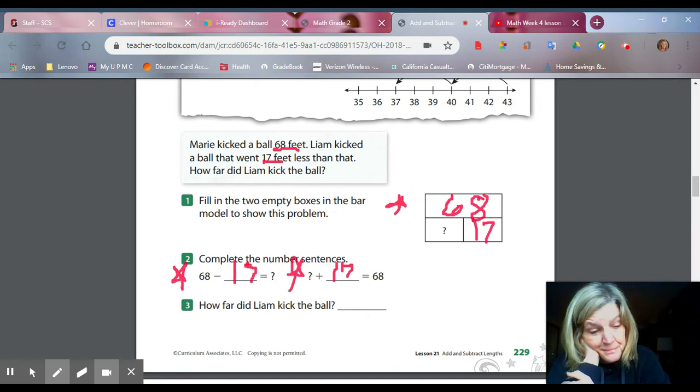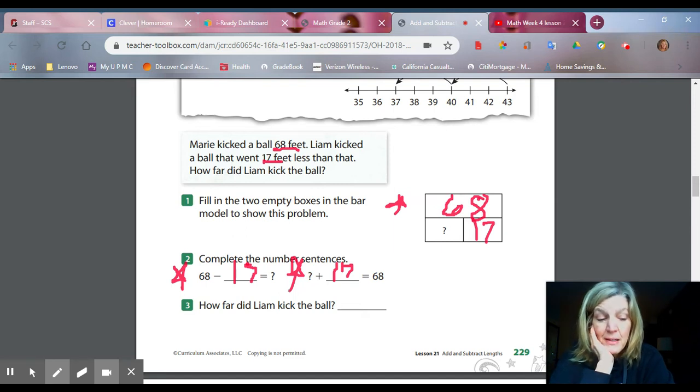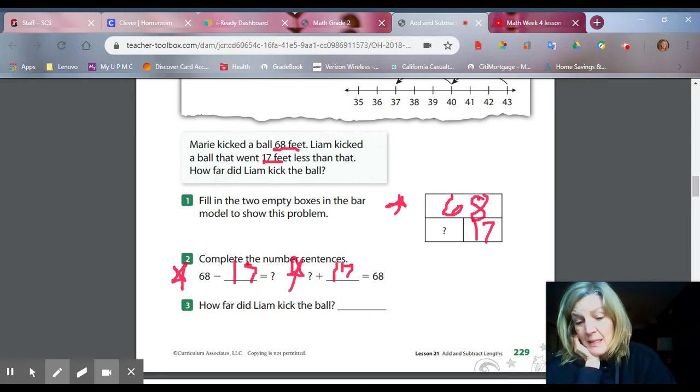What do you want to do? You can pick whichever one you like. Go ahead and figure out 68 take away 17 using any way you prefer. Write down your answer. Pause the video until after you have your answer, and then hit play to see if you have it correct.